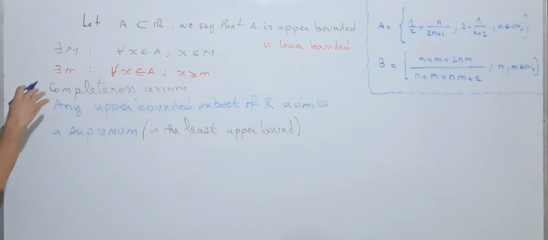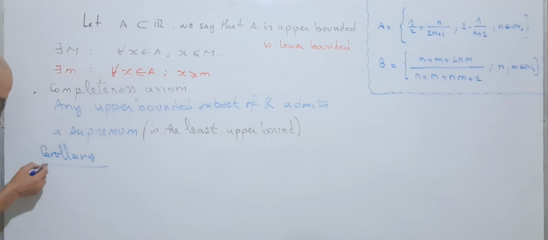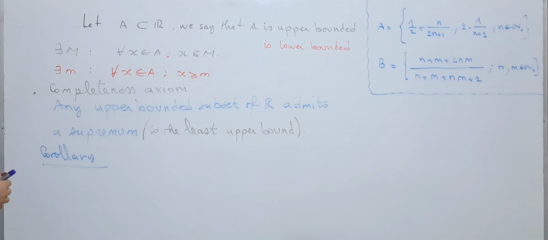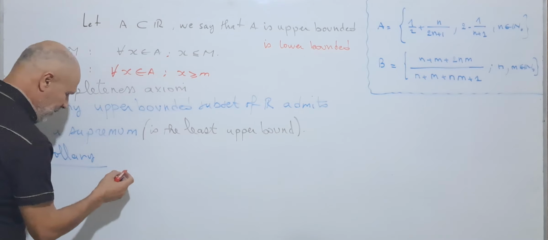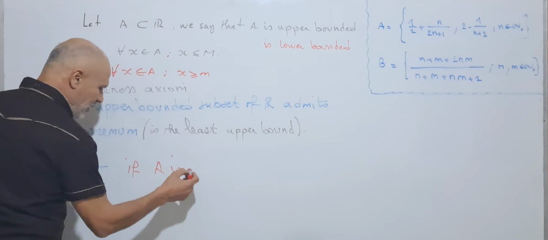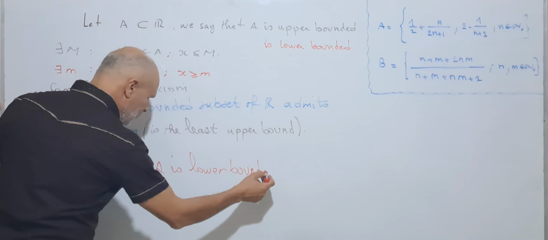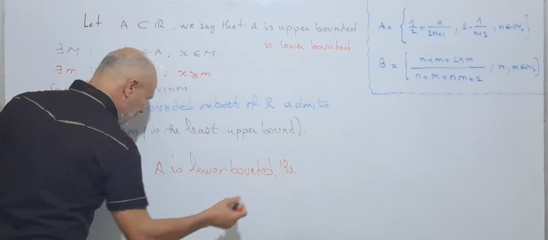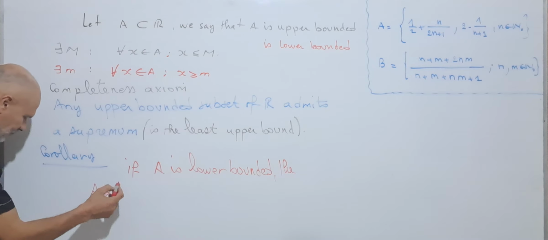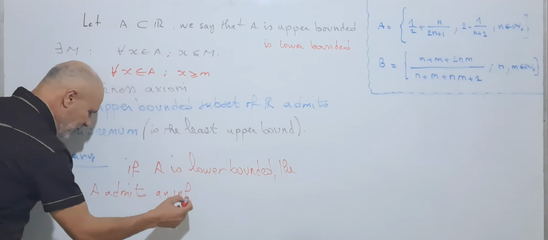As a corollary of this axiom, we can show that if A is lower bounded, then A admits an infimum.